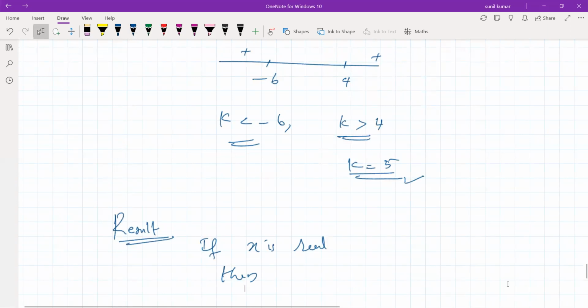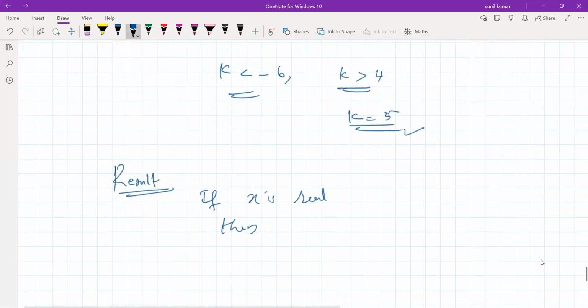Okay. If x is real, then the discriminant should be greater than or equal to 0.